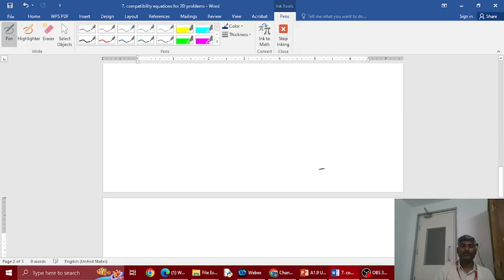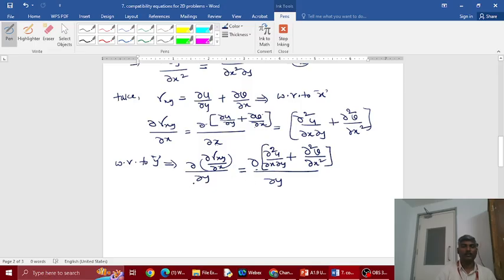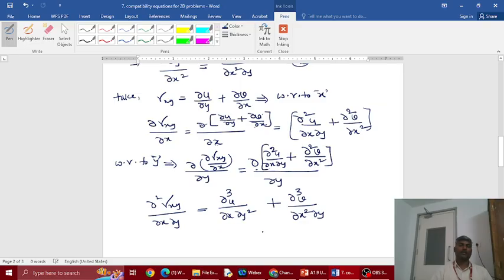Let us see what we get. The left-hand side is ∂²gamma xy/∂x∂y, equal to ∂³u/∂x∂y² plus ∂³v/∂y∂x². So this is what you have got.